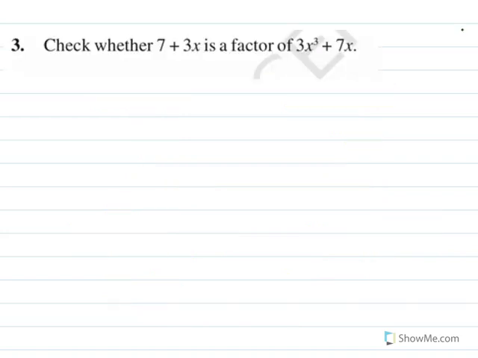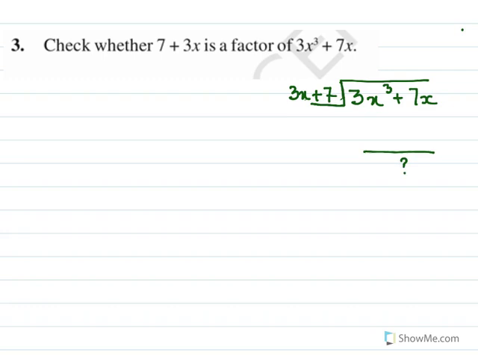Check whether 7 plus 3x is a factor of 3x cube plus 7x. So what we need to do is take 3x cube plus 7x and divide it by 7 plus 3x. In fact, while dividing, we'll have to write 3x plus 7 because it is written in order, and check for the remainder.